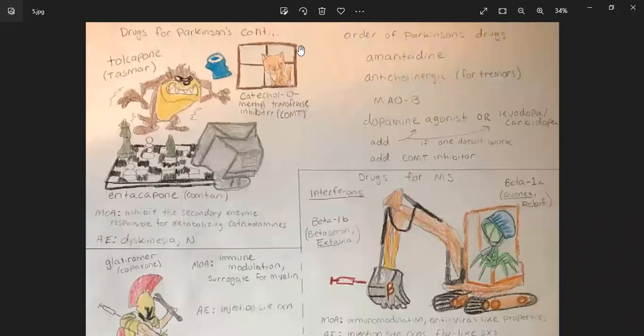So still talking about drugs for Parkinson's, we have another class of drugs, and these are the COMT or catechol-O-methyltransferase inhibitors. So the two drugs in this category are tolcapone, also known as Tasmar, and entacapone, or Comtan. When I see the word Comtan, I think of a computer.